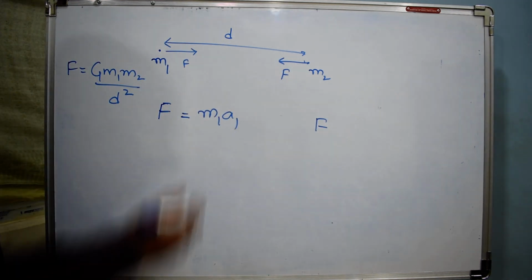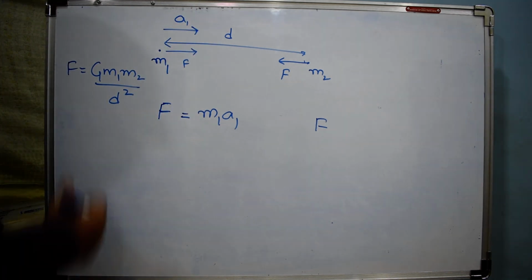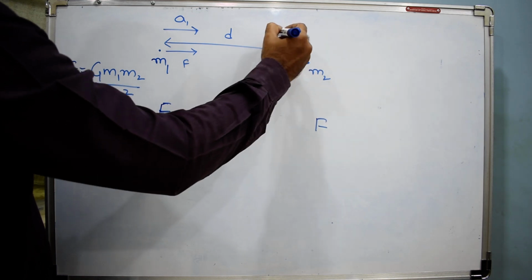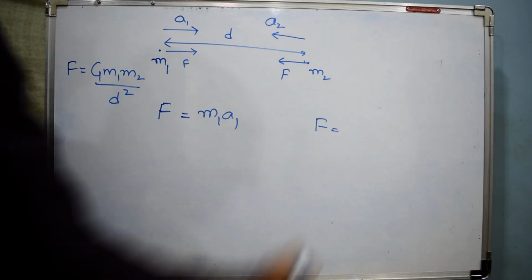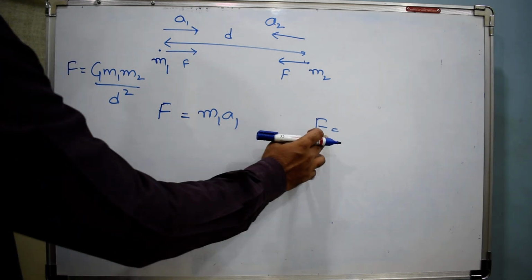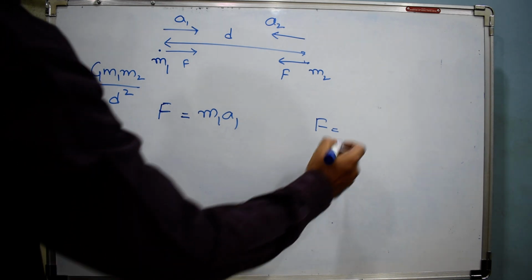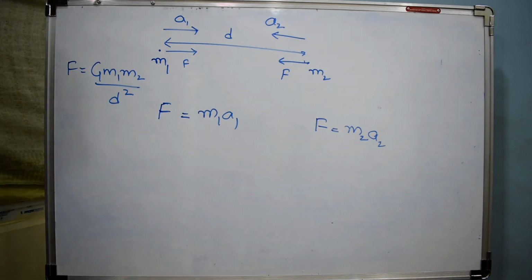considering the magnitudes here. So this mass m1 will have an acceleration a1 in this direction, and let's say the second mass m2 will have an acceleration in the left direction. Then the same force is acting, so this will also be the resultant force acting on m2, which is equal to m2 into a2.